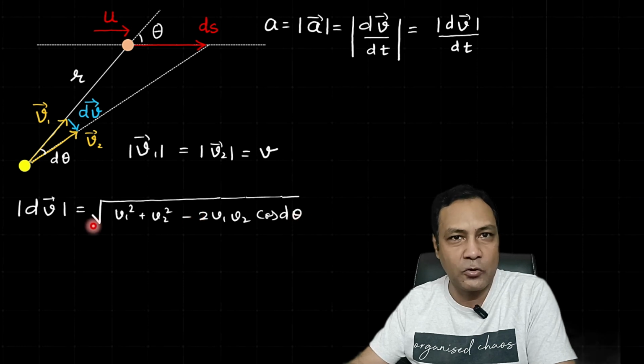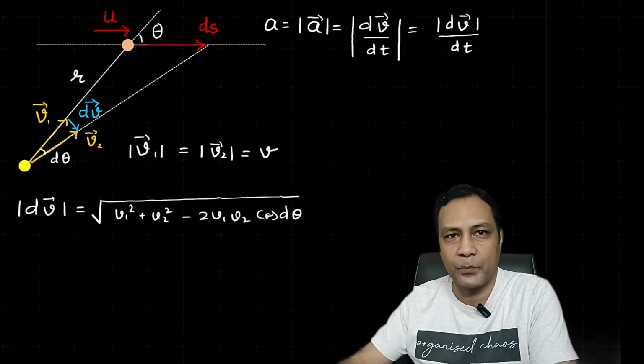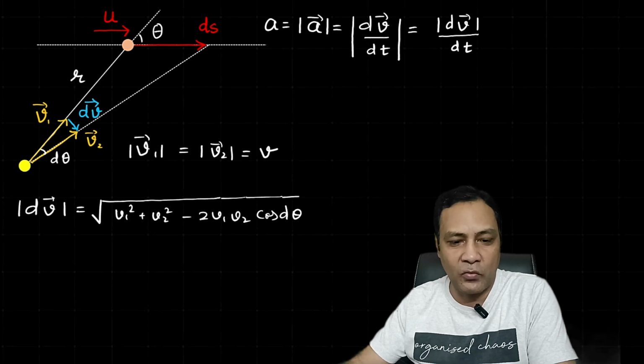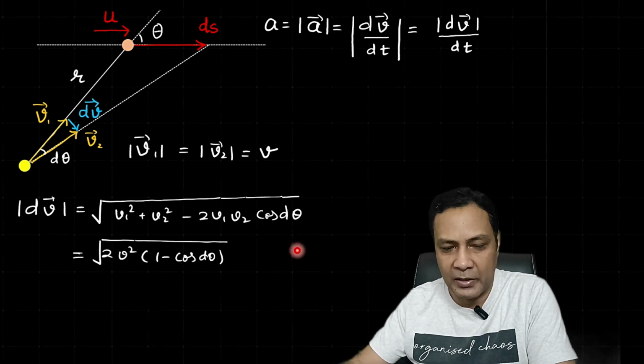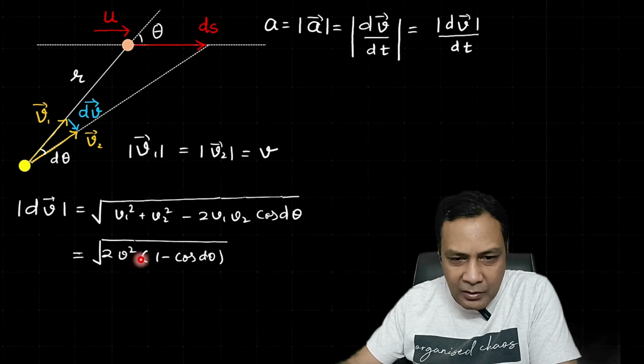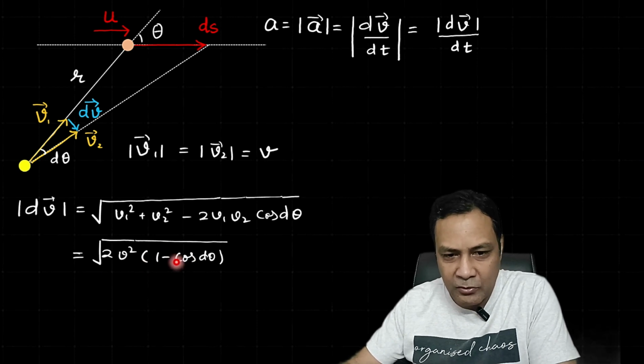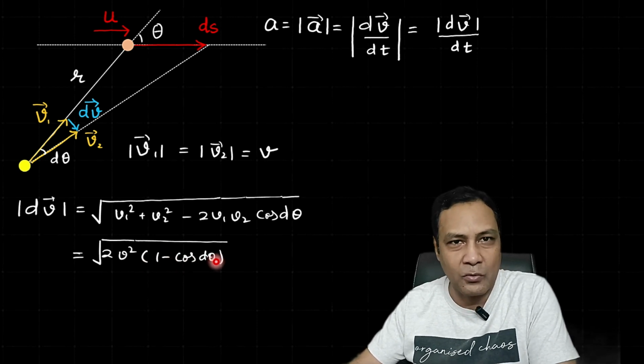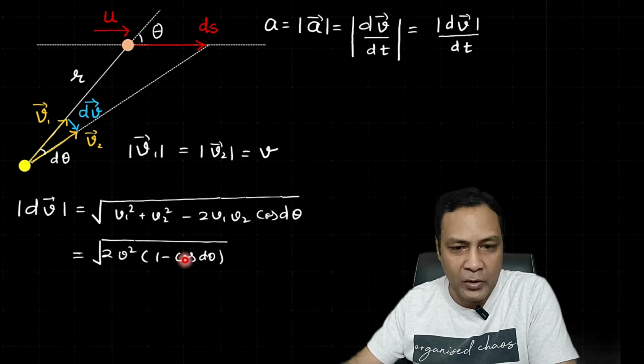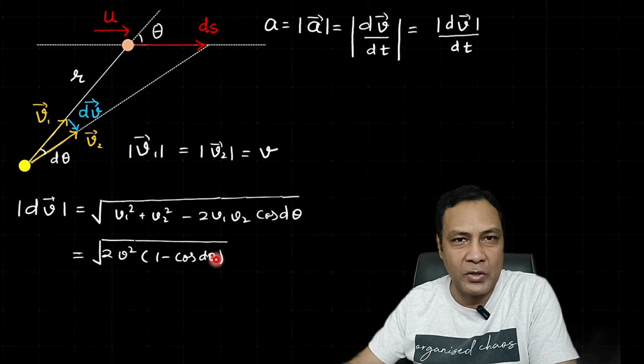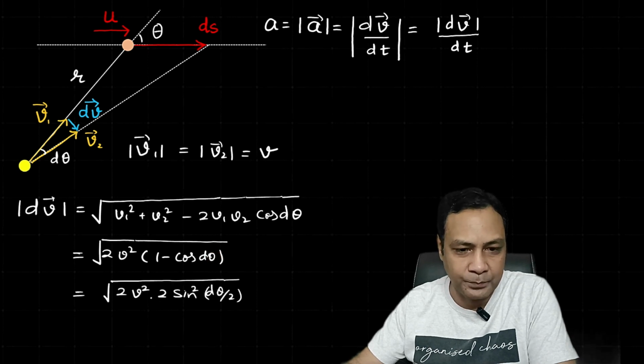We can take 2v square common, so that will become the square root of 2v square into 1 minus cos d theta. Then I can use a trigonometric identity: 1 minus cos theta is 2 sin square theta by 2. So 1 minus cos d theta is 2 sin square d theta by 2.